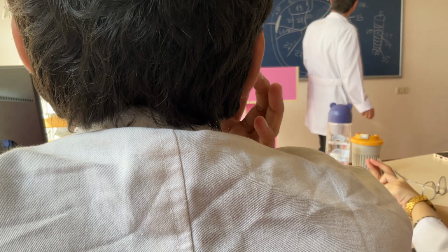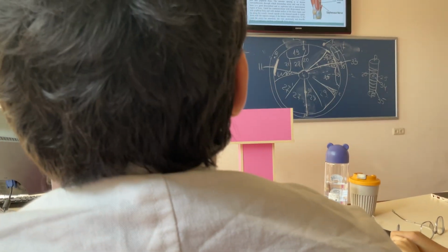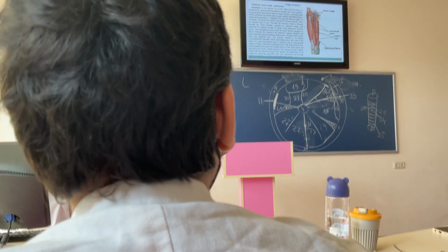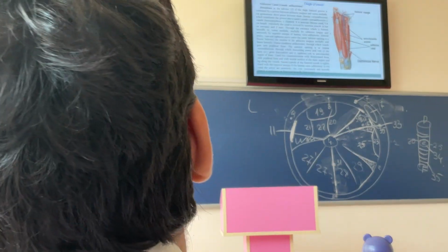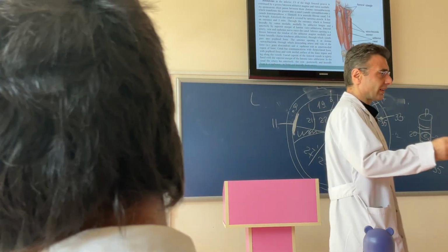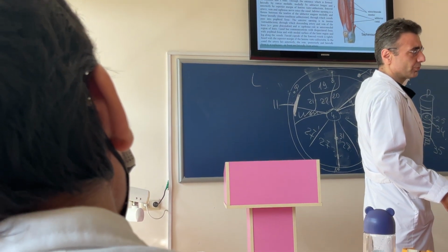Now attract your attention to this picture. You can clearly see here aperture D. This is aperture D, or the entrance of the canal. And you can see that through this aperture, the neurovascular bundle, nervus saphenus, femoral artery and vein, enter inside the canal.